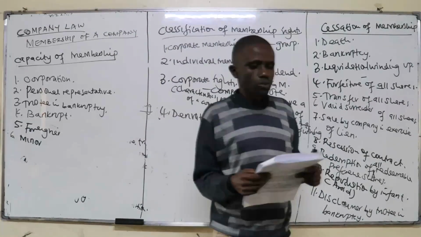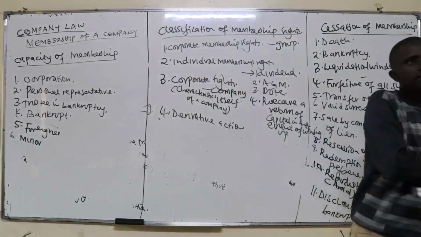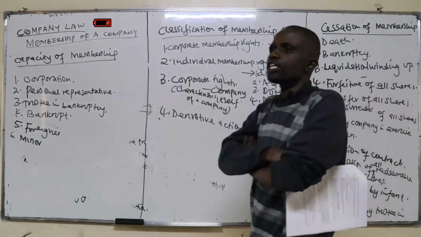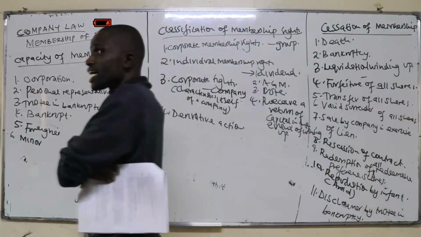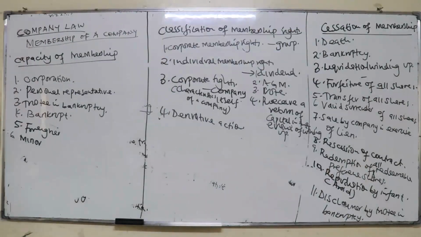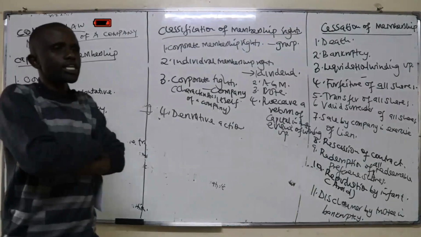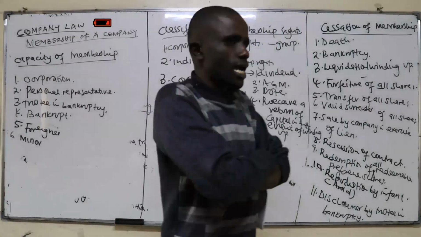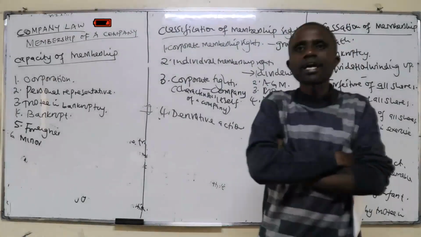So the examiner will ask you to discuss 4 rules in regard to the location of the register of members. Then you say: one, the register of members should be kept at the registered office of the company.